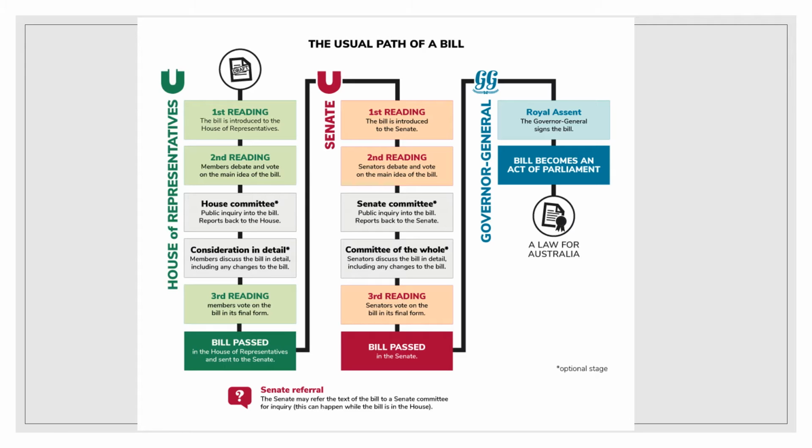So it goes through basically the same sort of process before it's passed in the Senate, and then it gets passed on to the Governor-General. And you can see once it goes through the royal assent, the Governor-General signs, the bill becomes an Act of Parliament, and then the final product is a law for Australia.